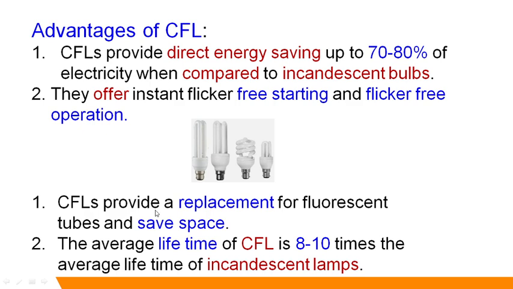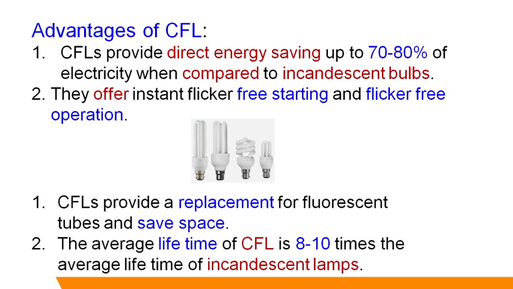And it's compact, very small. Instead of using a big tube, you can save space. A very small region is sufficient. Then the average lifetime of the CFL is about 8 to 10 times more than a normal incandescent bulb, which is around 5000 to 7000 hours.